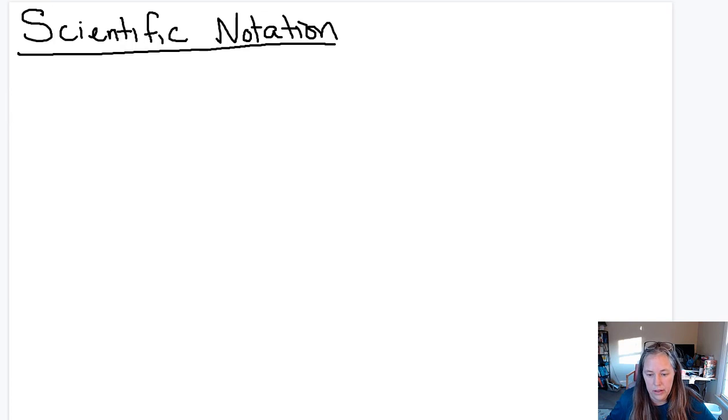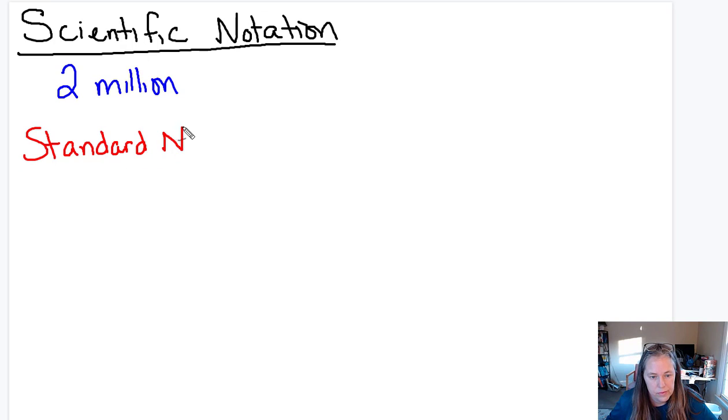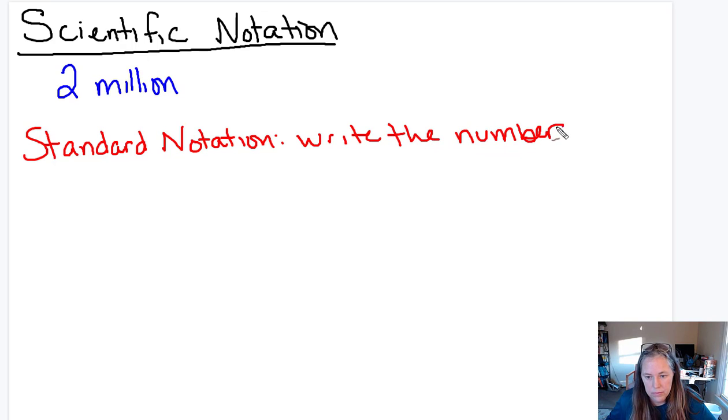So we're going to take a look. We've been talking about very big numbers. We're going to use 2 million as an example. So standard notation means write the number as a number.